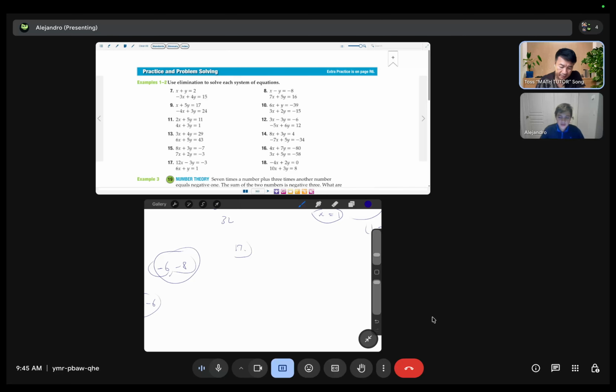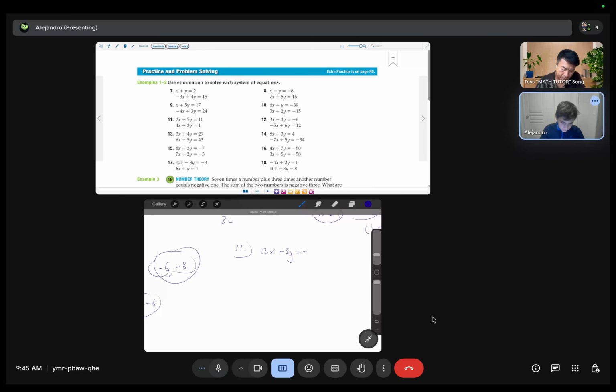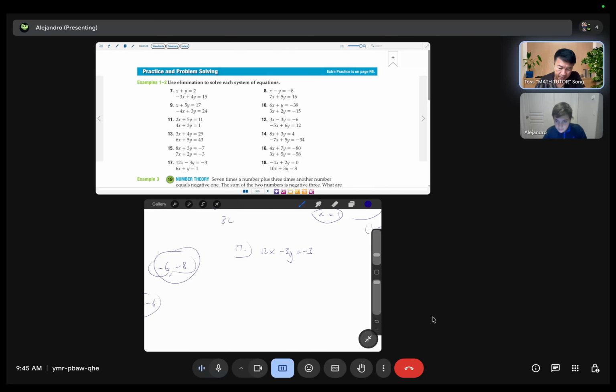Eliminate the y, right? Yeah. So multiply the second equation by 3, positive 3. So yeah, multiply the second equation by 3. So 18x plus 3y equals 3.